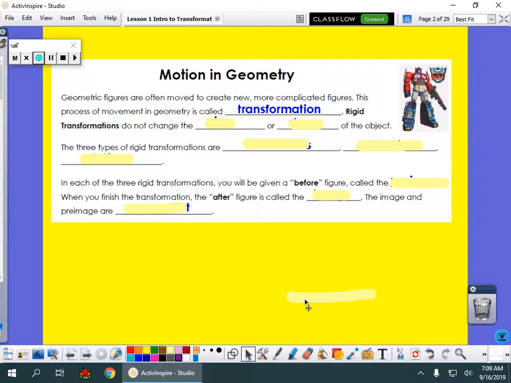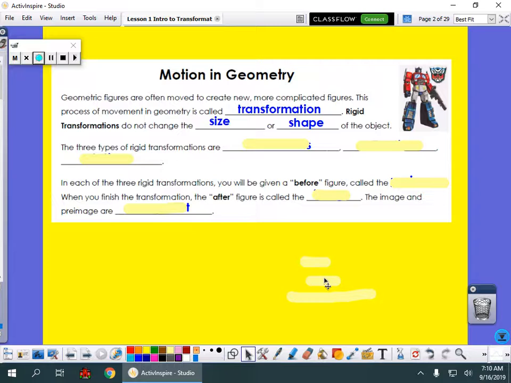Rigid transformation, rigid meaning doesn't change, rigid stays the same. So rigid transformation does not change the size or the shape of the object. So we didn't grow larger or smaller, we didn't change shape at all.